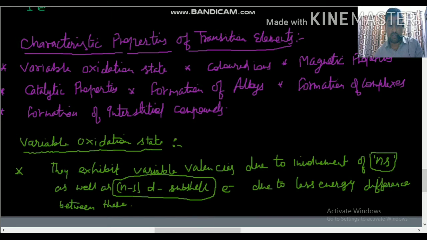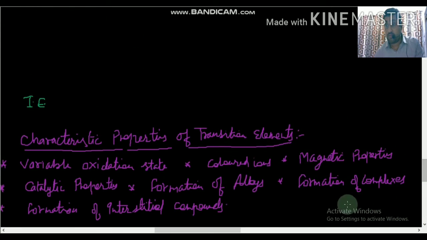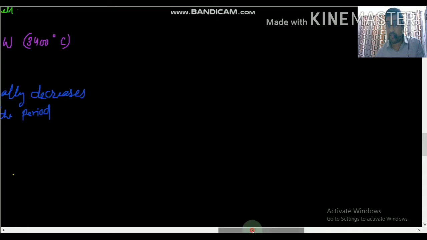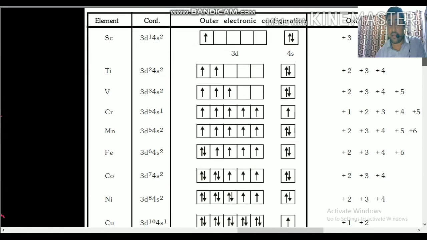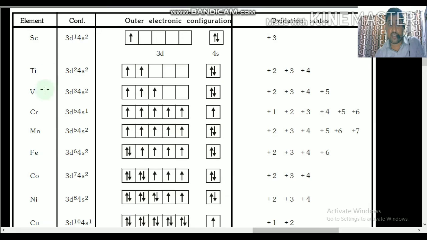Now the oxidation states of transition elements, a few examples we'll see. Here is a table which contains elements from scandium to zinc, their electron configuration.